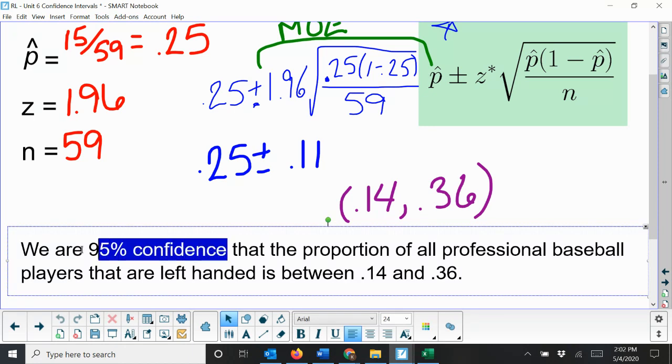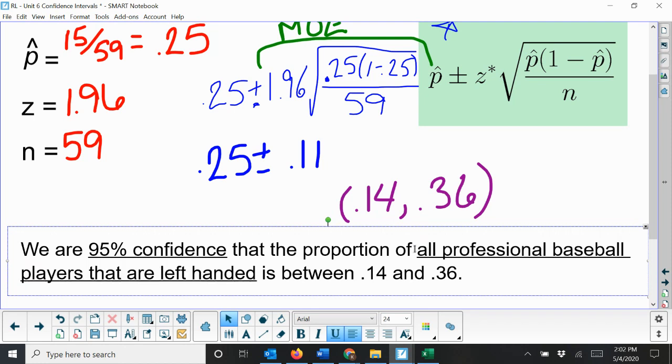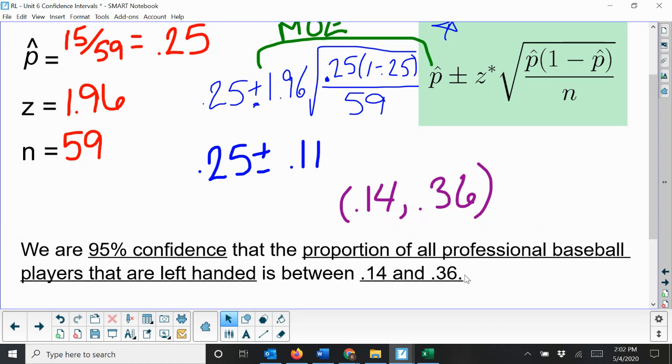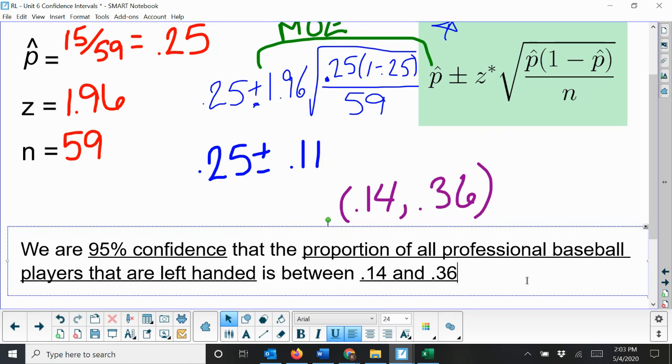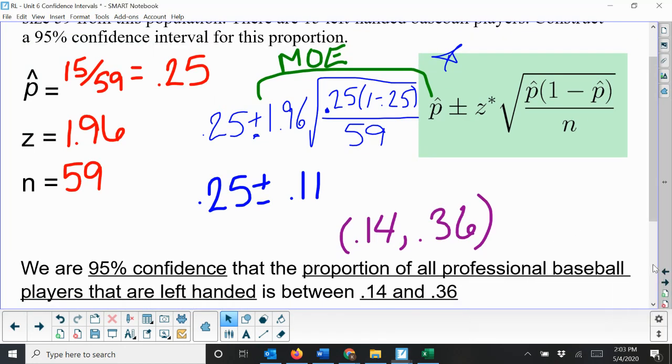Again, we can underline the things that are unique. Technically, the proportion would be unique as well, because we're dealing with a proportion here, and then we have it with the values that it's between. And so that would be our interpretation statement to summarize what we're calculating here. So hopefully that helps with our calculations and our interpretation as well.